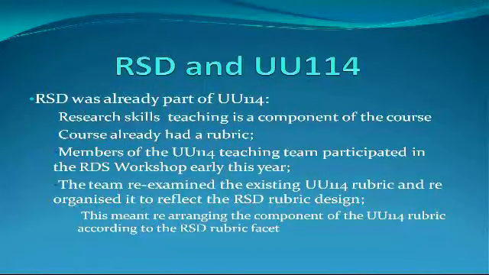So we had a team of our staff who participated in the training, and they re-examined the rubric that we had and tried to rearrange the elements in our marking criteria, to see how we could align it according to the RSD facet itself.